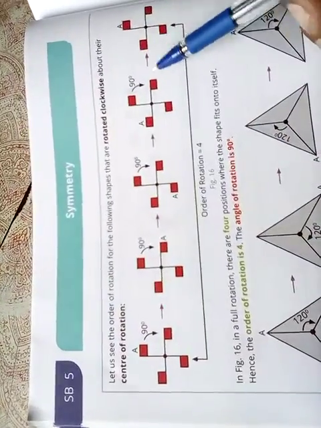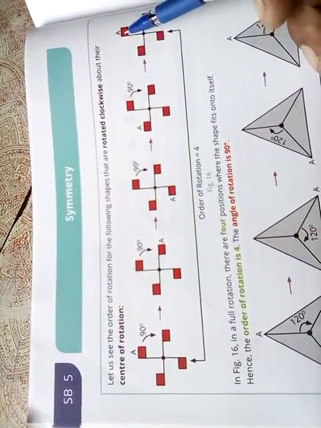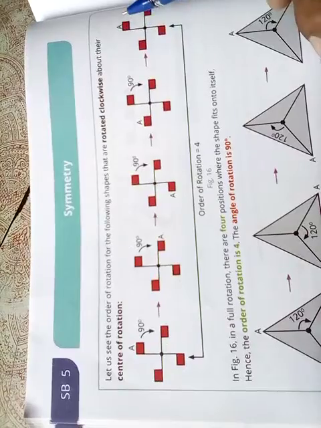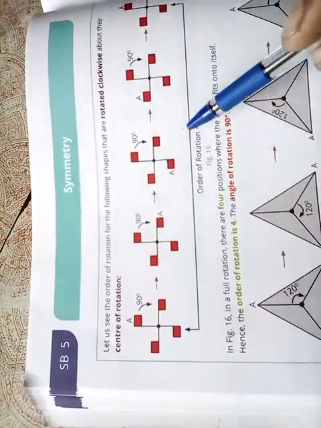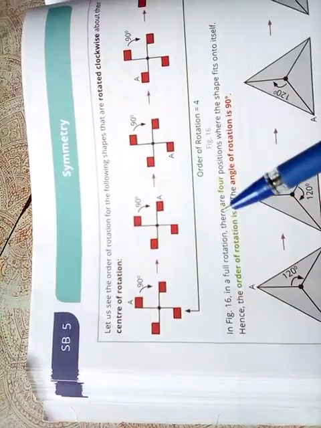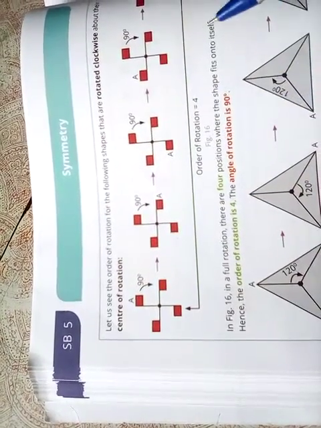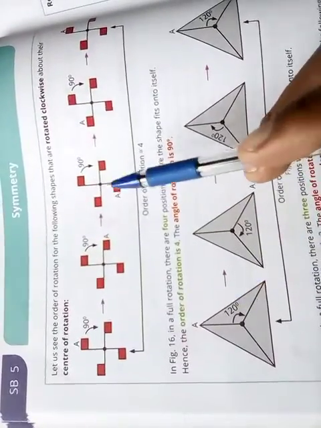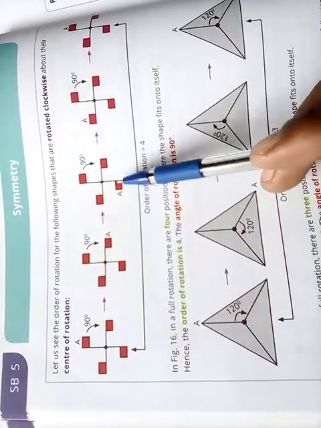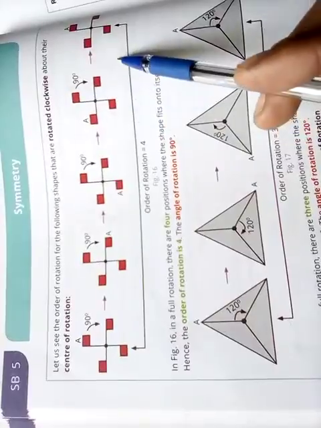After another 90 degrees, the A is placed on the initial or original position. In this way we can say it has 4 turns, so the order of rotation will be 4. In this figure the order of rotation is 4 and the angle of rotation will be 90 degrees.